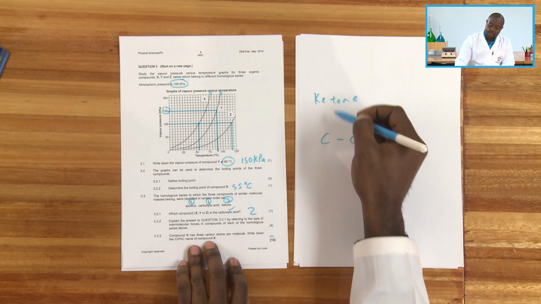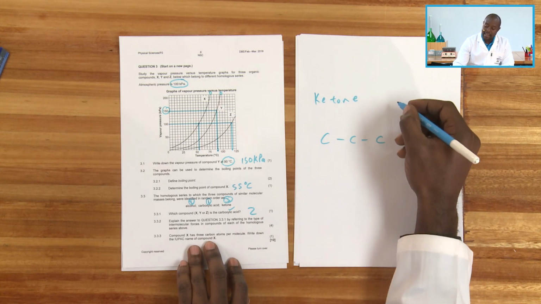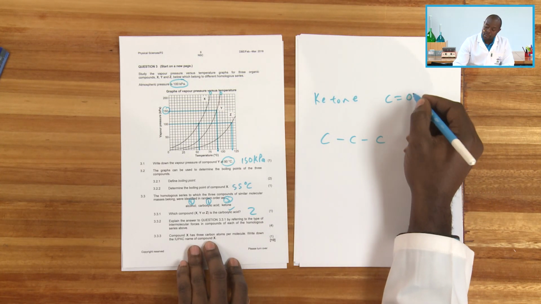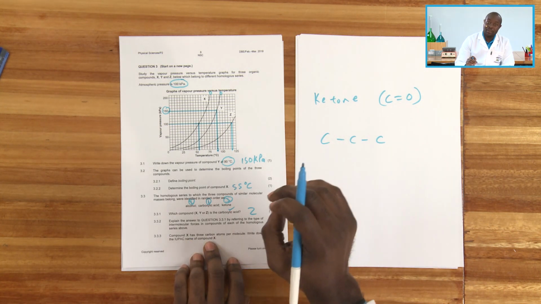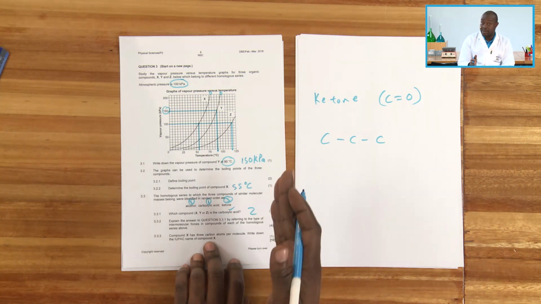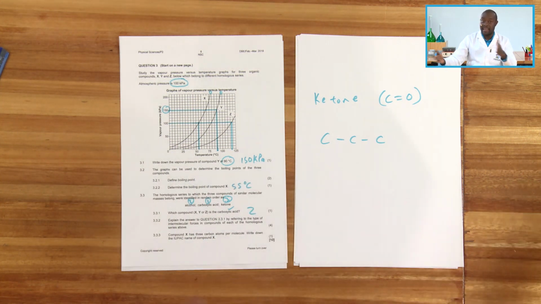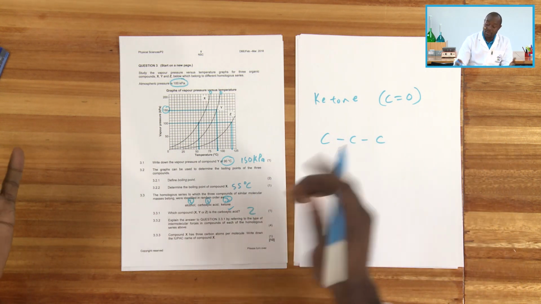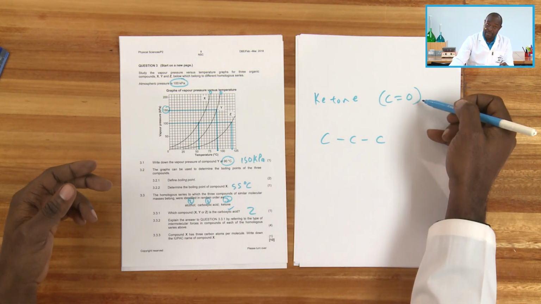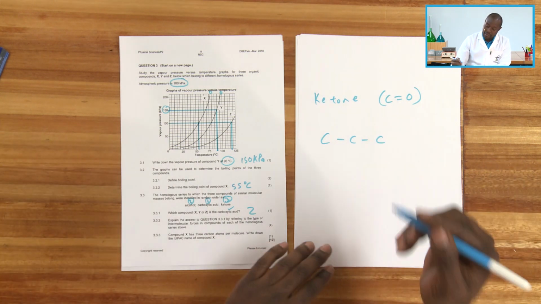And so it is a ketone with 3 carbons, meaning to say that it has got the carbonyl functional group. And for ketones, the carbonyl functional group is found in the middle, right? It is not going to be at the end. You would remember it's only for aldehydes where the carbonyl group is found at the end of the chain.